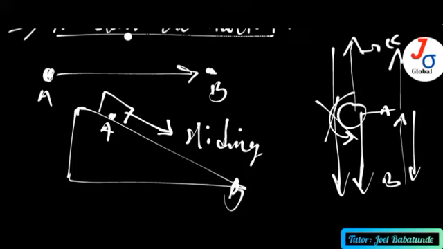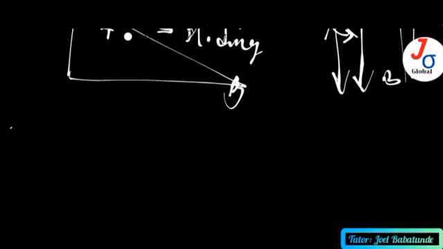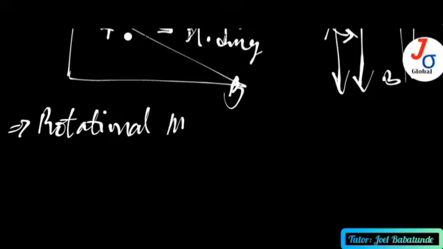All right, so let's look at another kind. We have the rotational motion. This involves motion of a body in a circle about its center or axis.